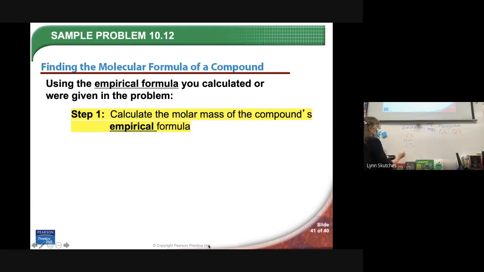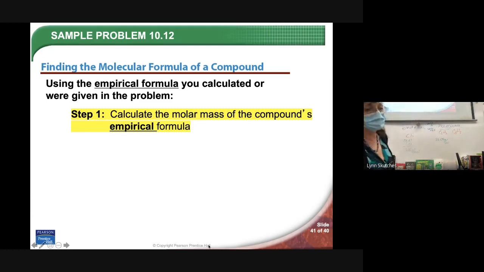You can throw the ones on there, 13.0. If that was the molecule, just 1 carbon with 1 hydrogen, which it never will be anyway, it should weigh 13 grams per mole. Turns out acetylene is 26 grams per mole.